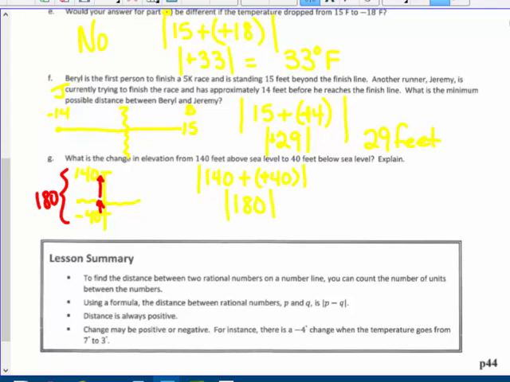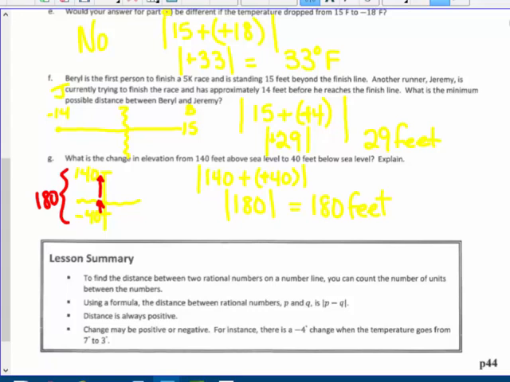So we get 180, and yes, the absolute value of 180 is 180 feet. So 140 feet from air to water, or from above down to the water, and then 40 more feet to go under. So above sea level and below sea level. So 180 feet.